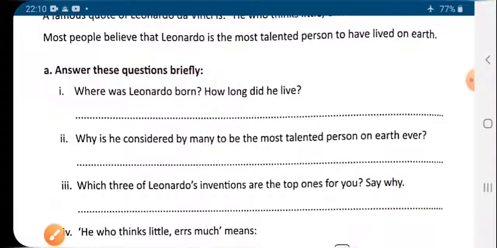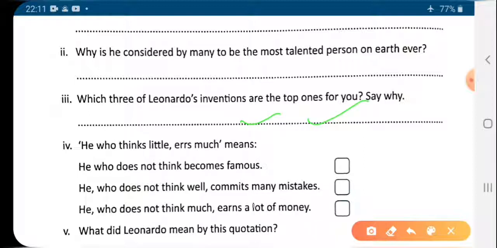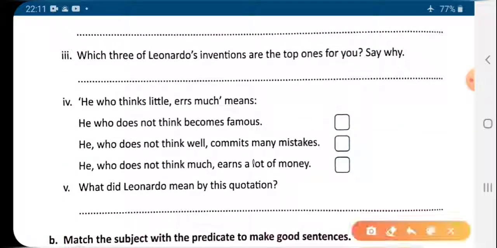Question number three. Which three of Leonardo's inventions are the top ones for you? And say why. Means you have to tell, as we have just read, that he has done a lot of inventions. Which are the top ones? You have to give this answer on your own, according to your own views. The next question is question number 4.